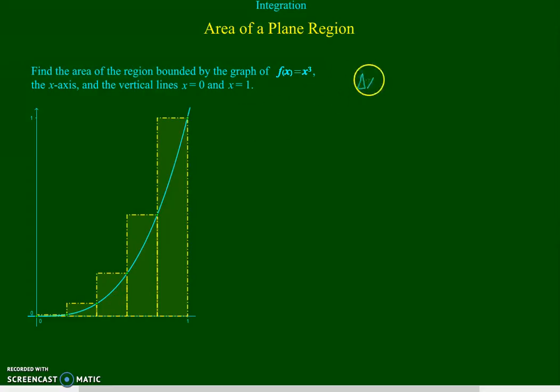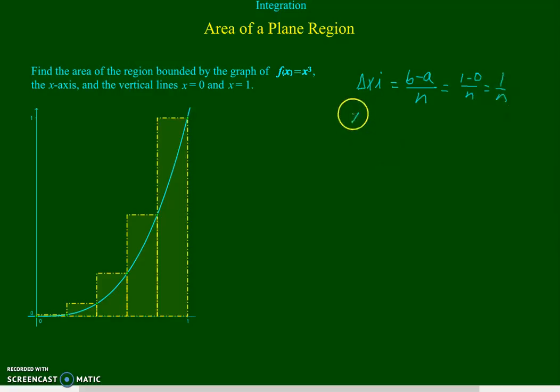So our delta x sub i is going to be b minus a over n, and we're finding the actual area of the region, so this n is going to stay an n term because we're actually going to be taking the limit of these values, and so it's going to be 1 minus 0 over n, which is just 1 over n.